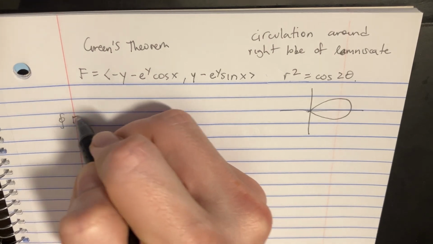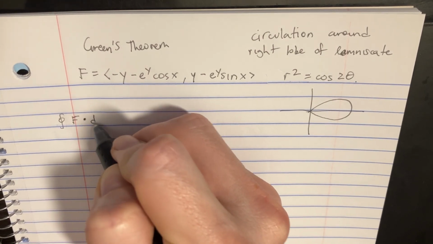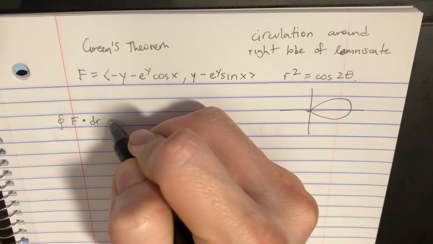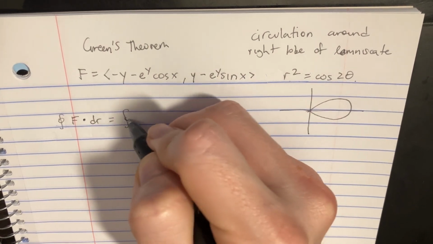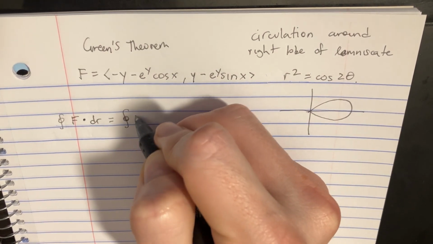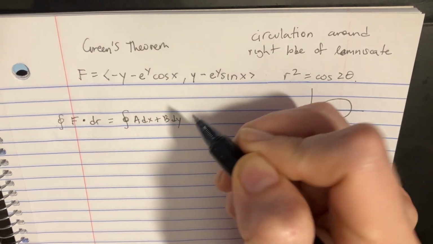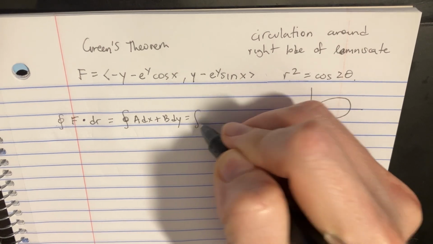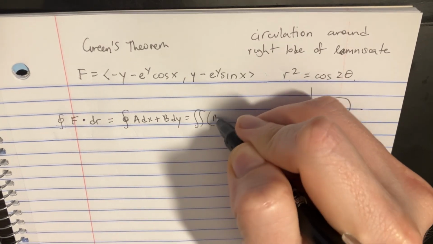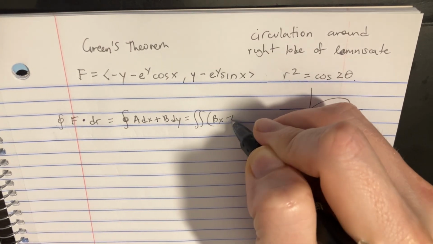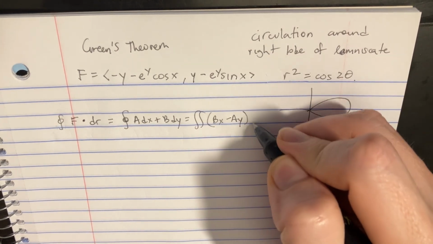So we have the integral of F dotted with dr, and that's going to be equal to an integral of a dx plus b dy, which could also be equal to the double integral of bx minus ay over dA.